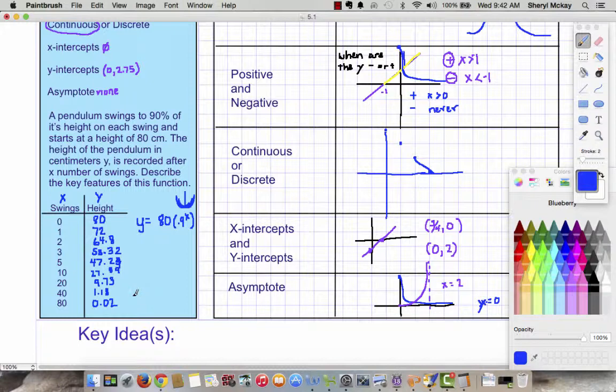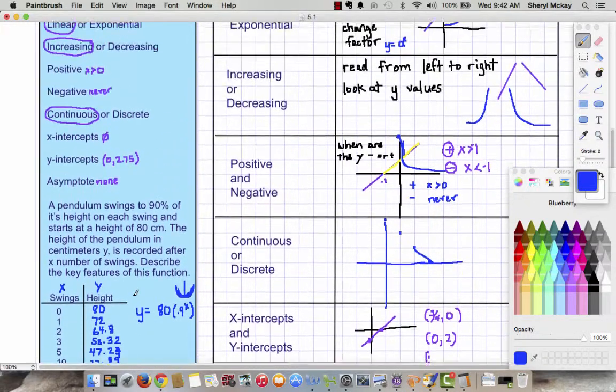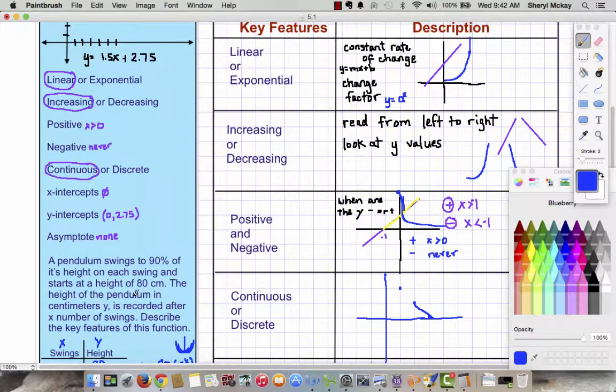Now, we've done some work, and now we can actually describe our function. So let's start by deciding, is it linear or is it exponential? I'm going to use a different color because I want us to be able to tell right away when we look at these. Let's use a darker green.